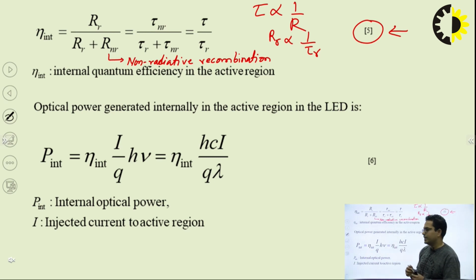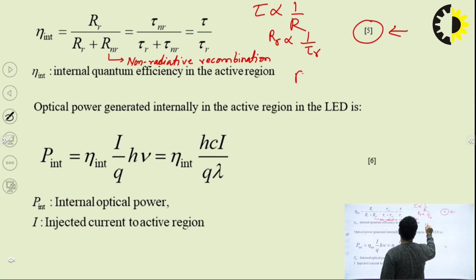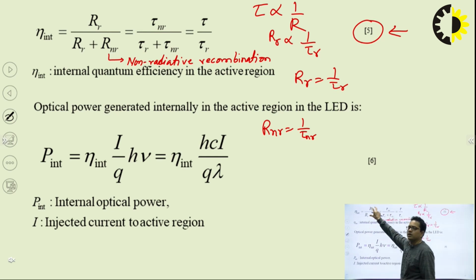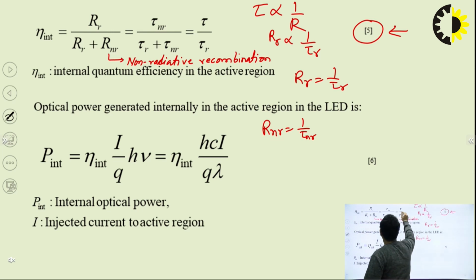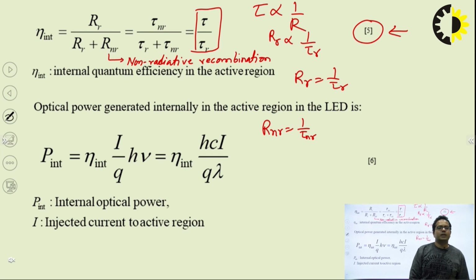So we know that RR equals 1 upon tau R and RNR equals 1 upon tau NR. If you put these two values inside the first expression, then you will get tau NR upon tau R plus tau NR. This is the most important expression that one has to keep in mind when attempting numericals in optical communications.